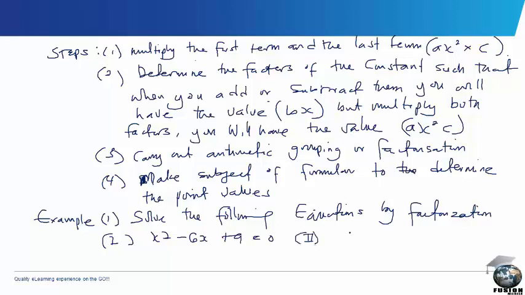You are given 3x squared minus 11x minus 4 equal to 0. And you are given x squared minus 2x minus 8 equal to 0.